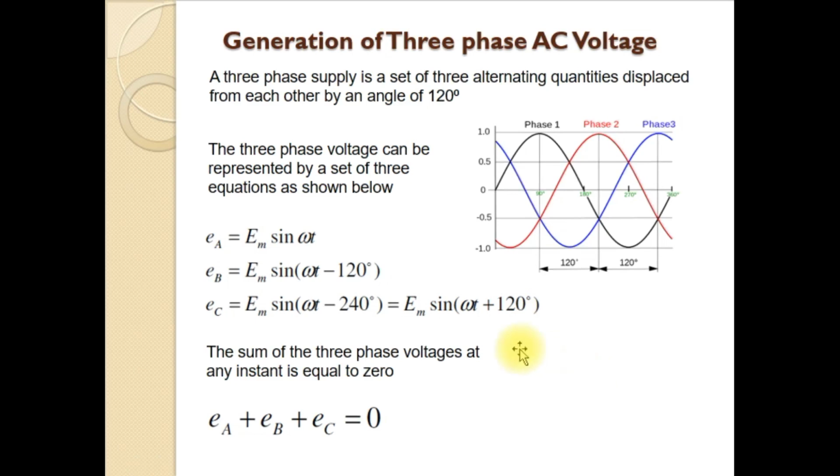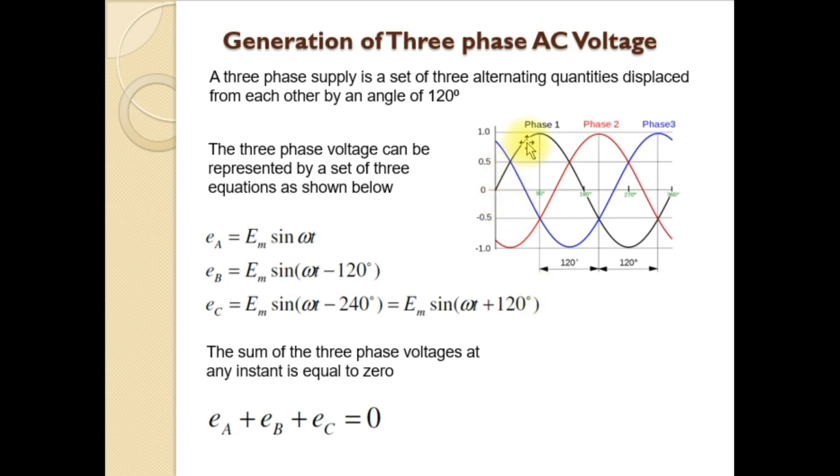Now if you add the instantaneous values of these three voltages, that is EM sin omega t plus EM sin(omega t minus 120 degrees) plus EM sin(omega t plus 120 degrees), we get the sum equal to 0. Graphically you can see it here.